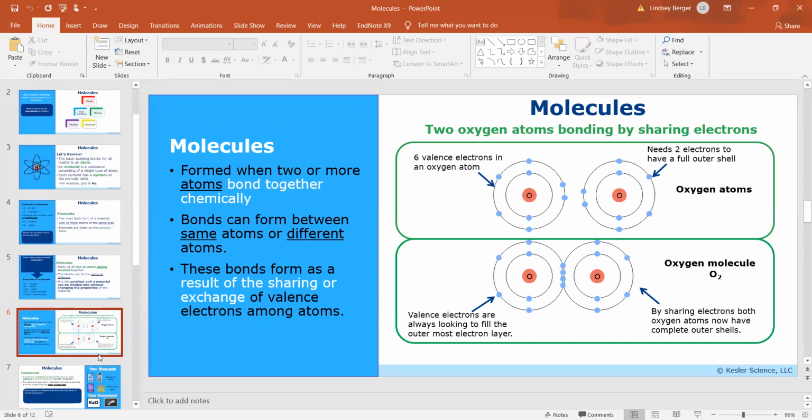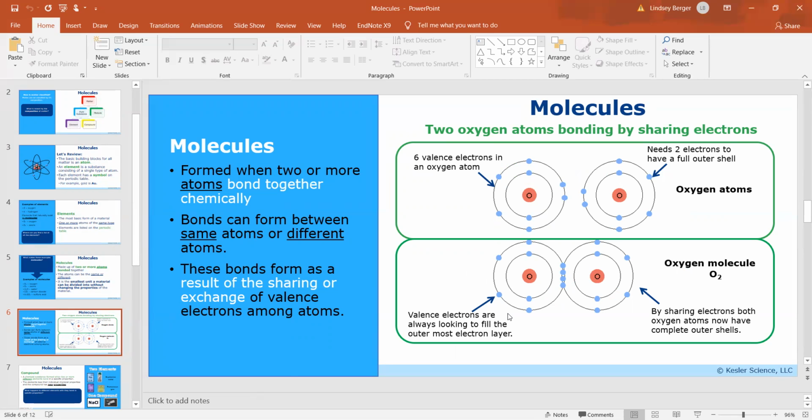Back to molecules. Okay, so again, molecules form when two or more atoms are bonded together chemically. So remember, they can be the same atom or they can be different atoms. And the key thing here is they are sharing electrons. Electrons, remember, are the components of an atom that are found in the orbitals or the shells.